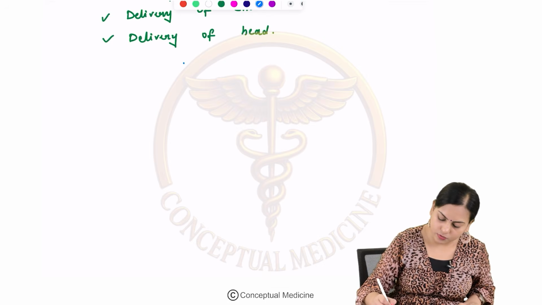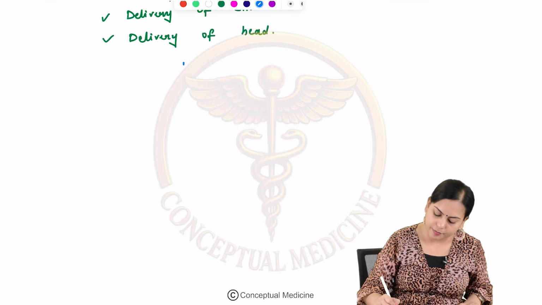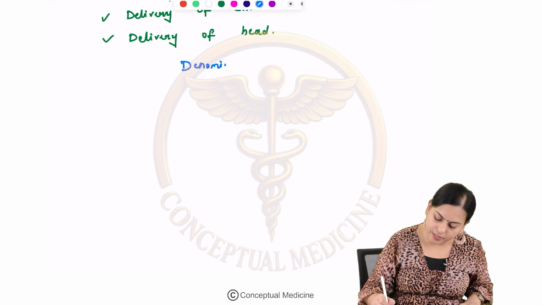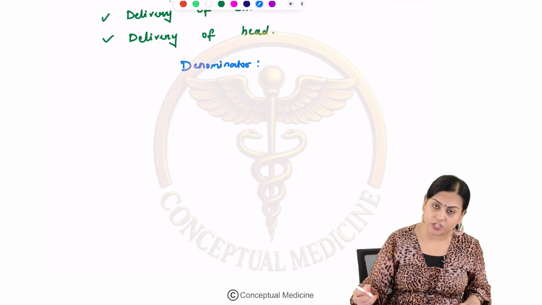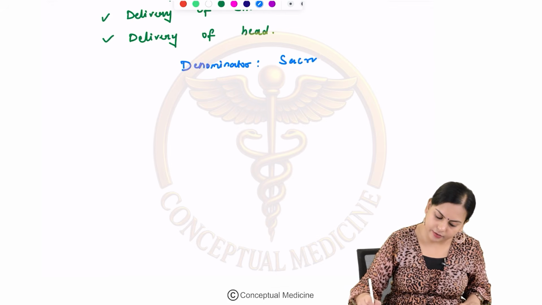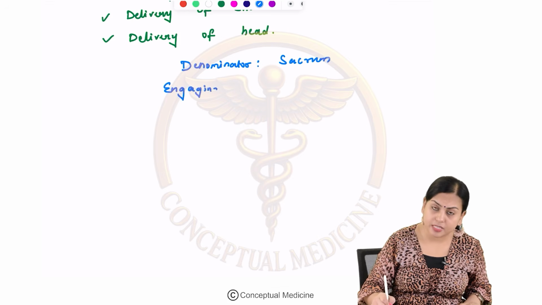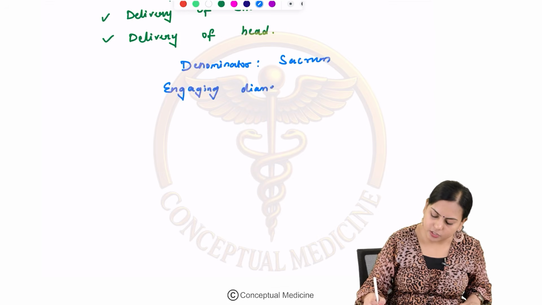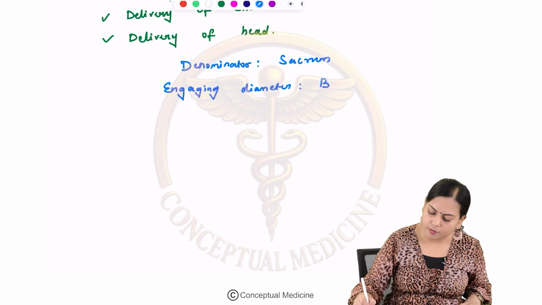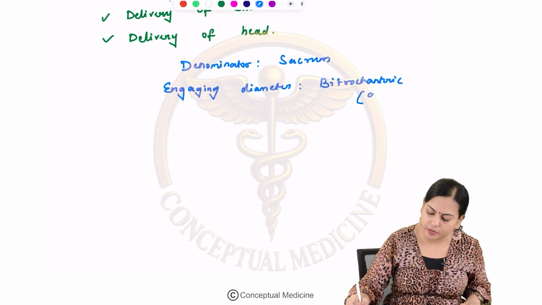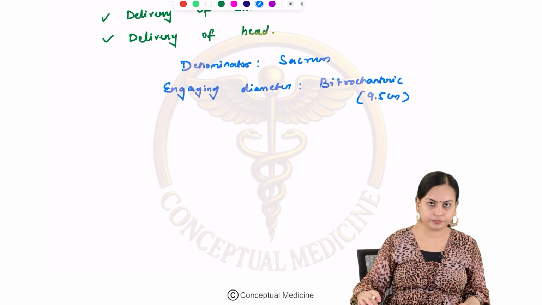So, remember, the denominator in breech presentation is sacrum and the engaging diameter in breech presentation is bitrochanteric diameter, which is around 9.5 centimeter.